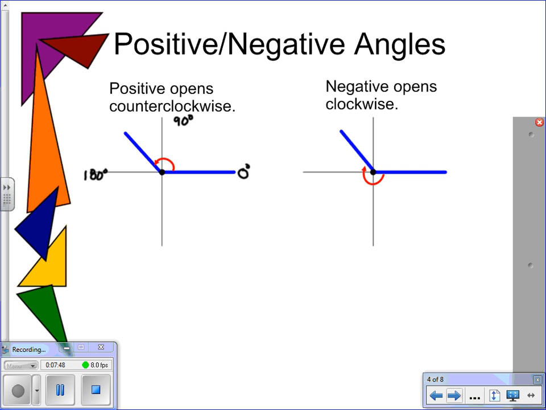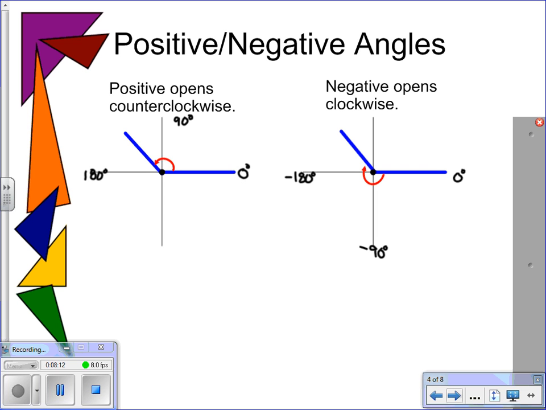Over here, we'll start at 0, but when we move clockwise, we have negative values. So this is negative 90. This is negative 180. And notice now my angle is going to be greater than negative 180 or less than negative 180.